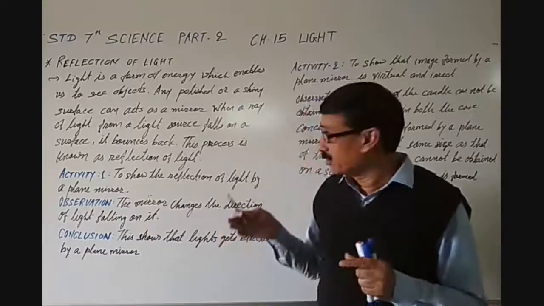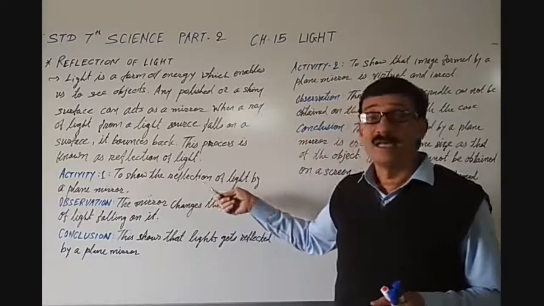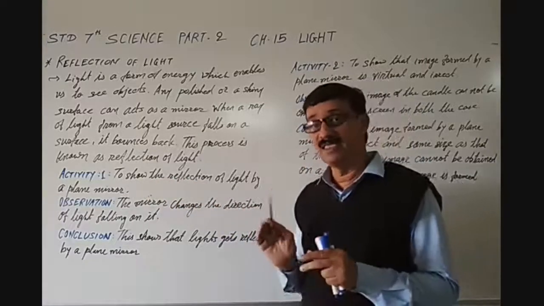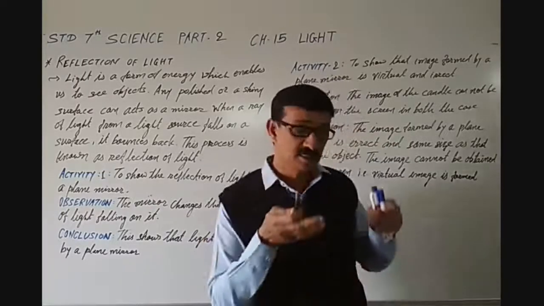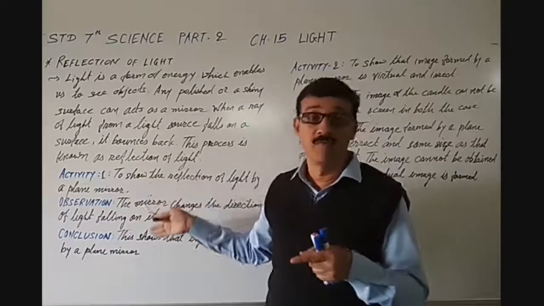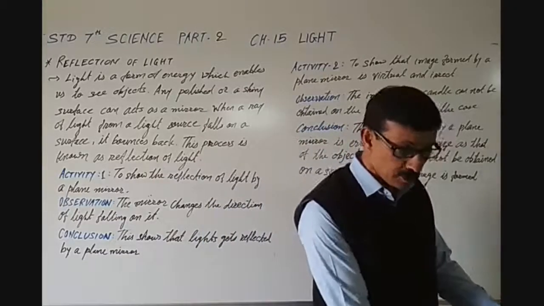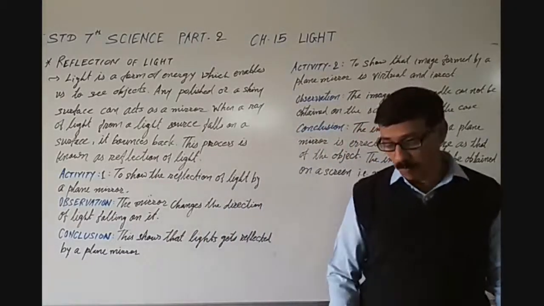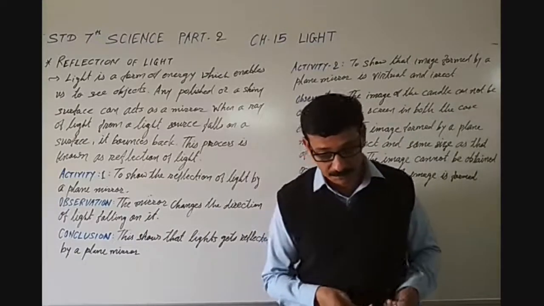First of all, let's discuss the procedure from the textbook, and then we will go for the observation and the conclusion. So look into your textbook, open page number 175, and let's go for this activity.